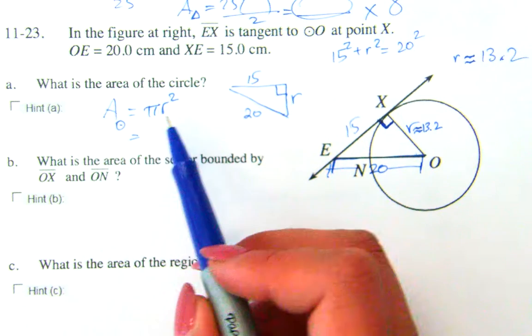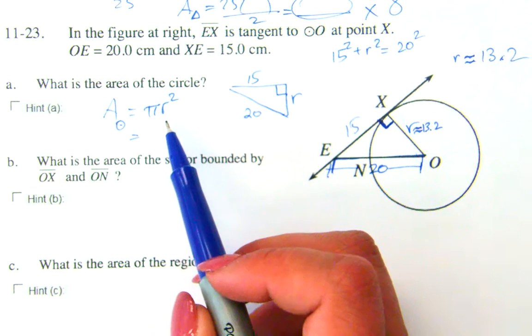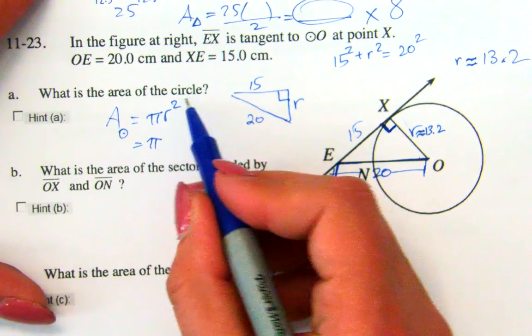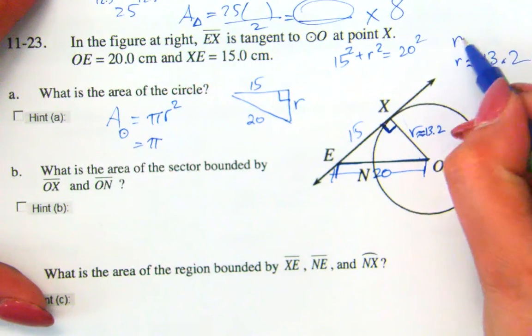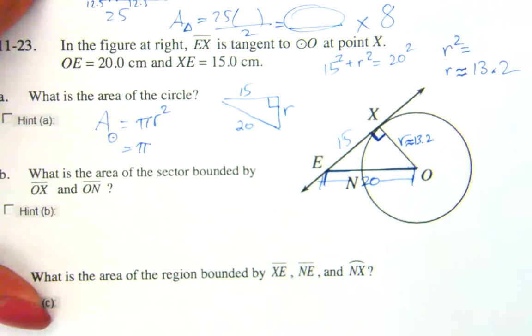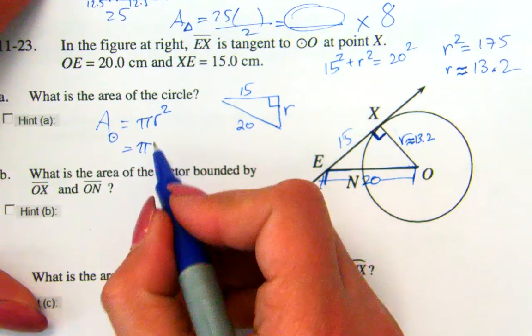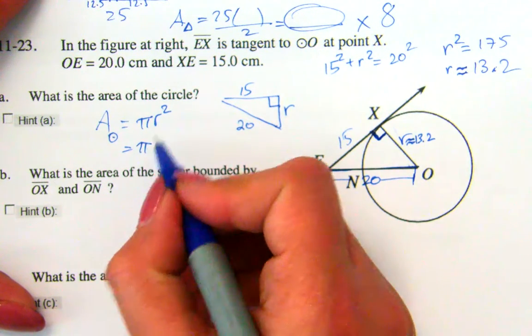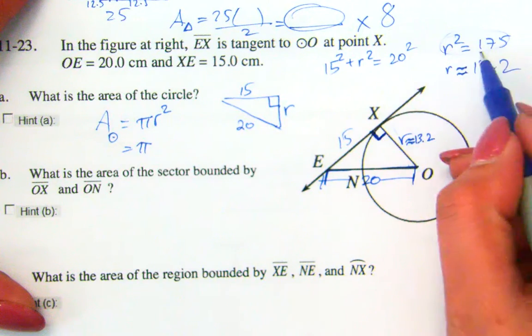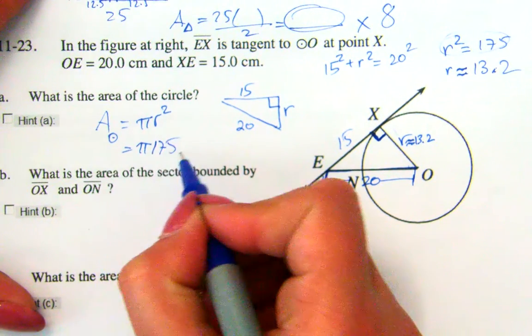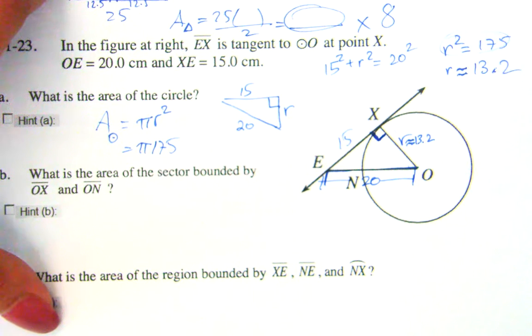So your area is going to be pi times radius squared. When it was r squared up here, 400 minus 225 was 175. So r squared should have been 175. So here, when you do your area, r squared should automatically be taken from here. It's just 175 pi, because r squared is just 175.